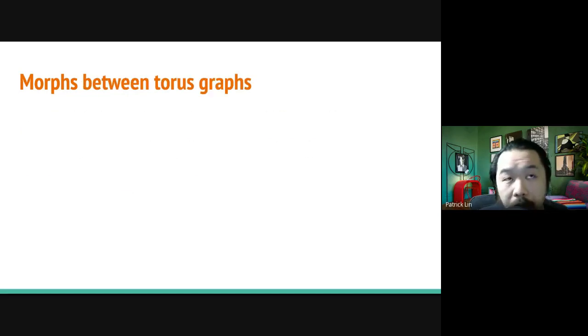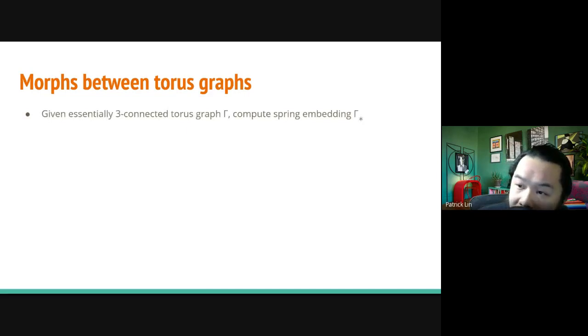If you want to morph between arbitrary graphs, it turns out that the spring embedding idea is really nice because it bypasses a lot of pain that happened in the plane about trying to go from non-triangulations to triangulations. They had to come up with a bunch of different triangulation techniques that were compatible between the starting embedding and the ending embedding.